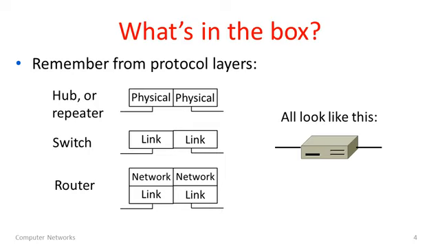If you remember back to our diagrams on protocol layers, I said something like this, that there are many boxes that have cables attached to them. They're distinguished by the functionality of what goes inside. And we can draw different kinds of protocol diagrams to describe the processing that goes inside. In a hub box or a repeater box, the devices operate at the physical layer. So they're really just moving bits around.